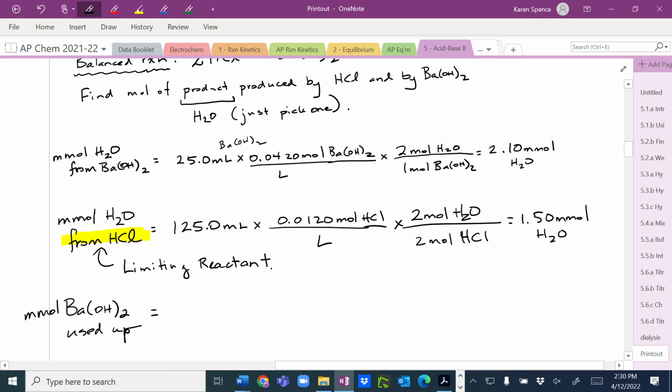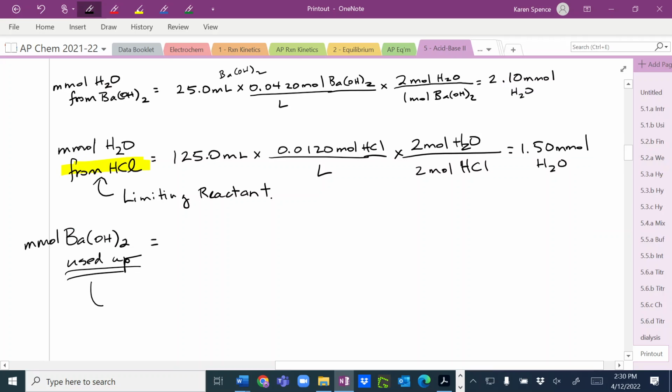I want to start with my limiting reactant, because anytime I'm figuring out how much is used up, I'm going to start with the limiting reactant. So I am going to use up all of the 125 milliliters of HCl.